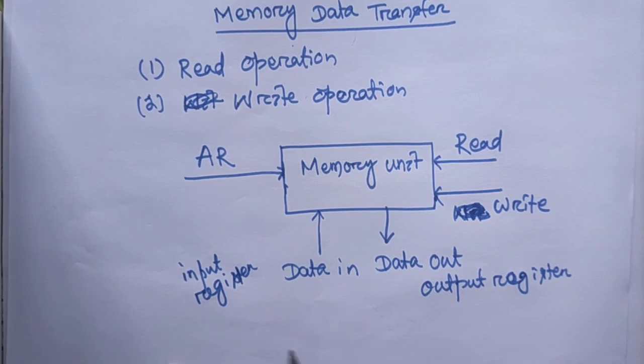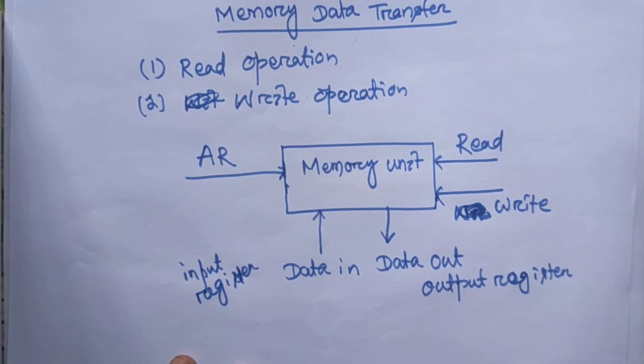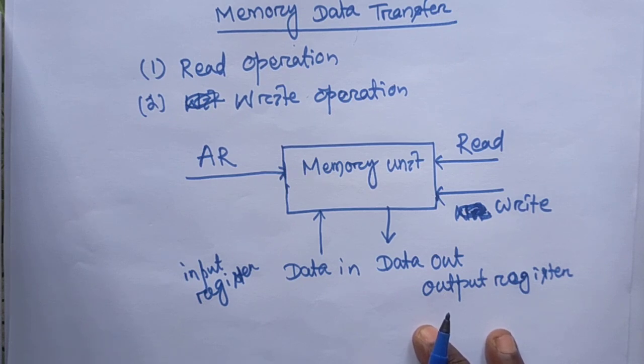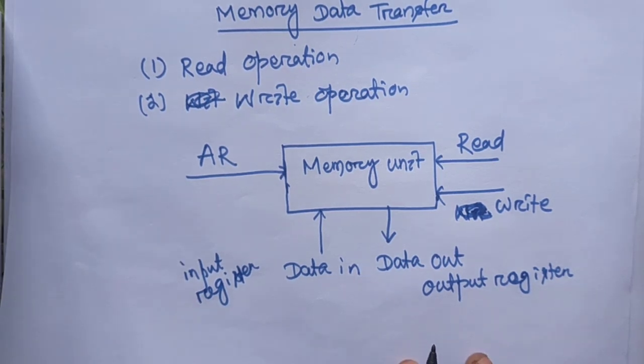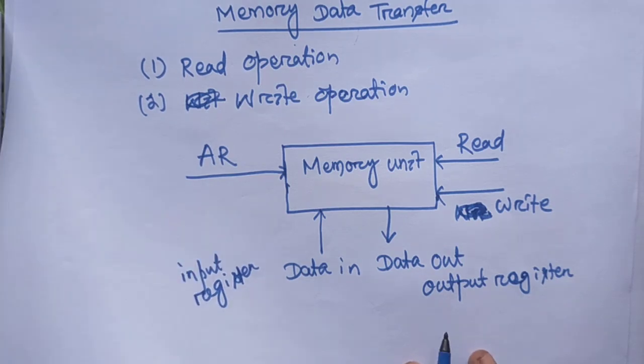So the input register is needed to write something in memory, and the output register is needed to read from memory. This is the basic concept. But some operations go through read and write with different instruction formats, and then we can understand how they are used through the memory unit. Now I will describe those parts.